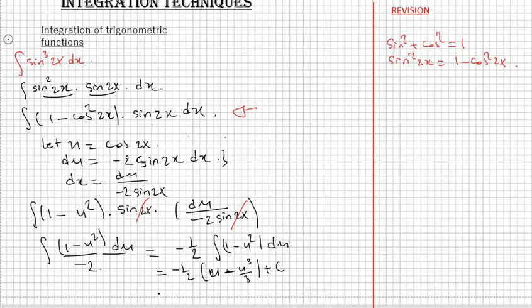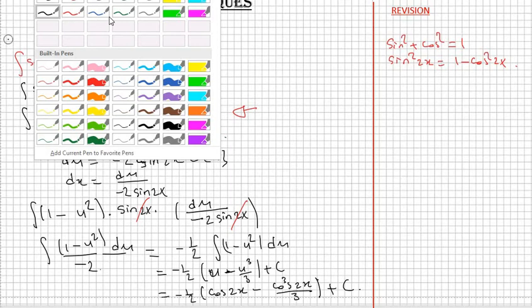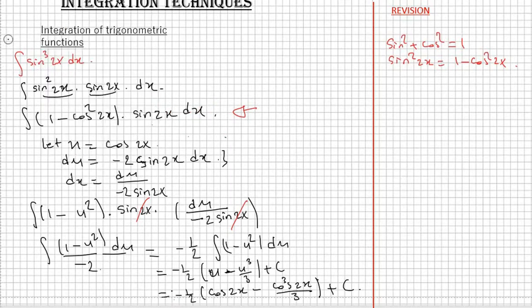So I'm gonna have negative half, so u is cos 2x. U cube will be cos 2x to the power of 3, then divided by 3 plus the constant. So this is the final answer.